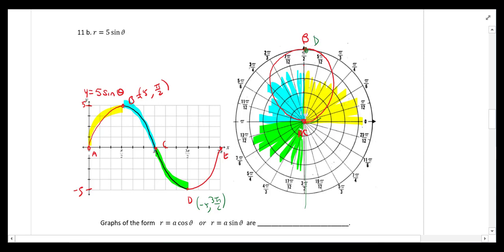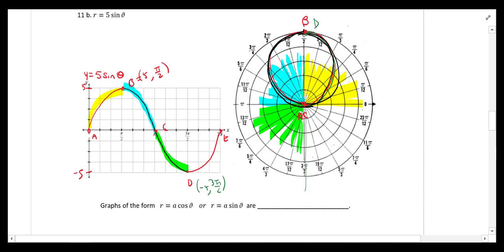So like the previous one, you're just going to copy it again and do another cycle. If I drew this nicer, you would see that this also is a circle with diameter 5. And this one seems to be cut in half along the y-axis.